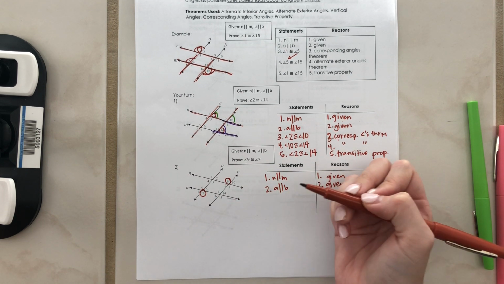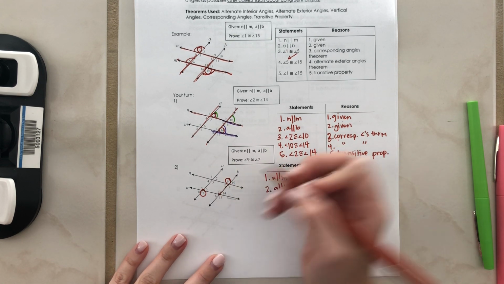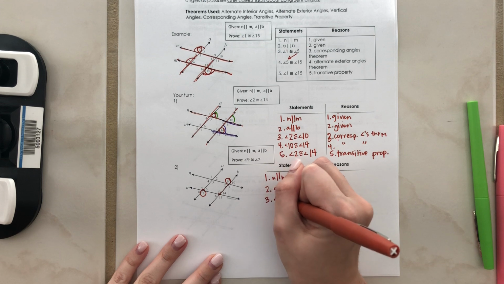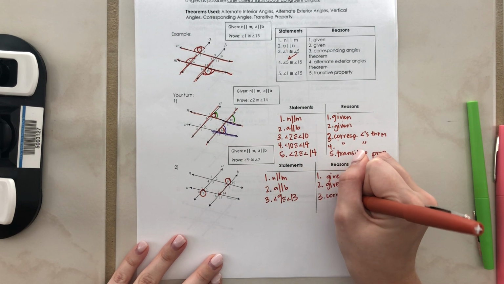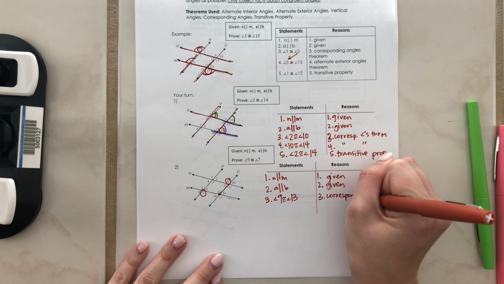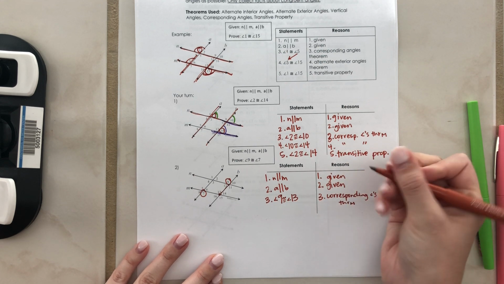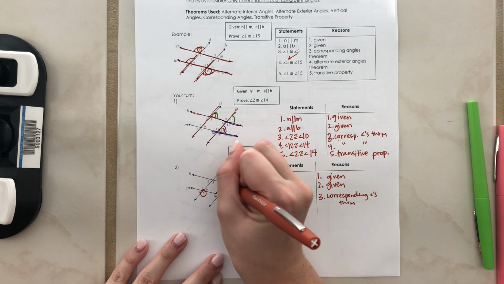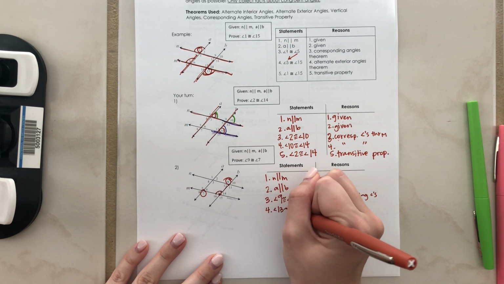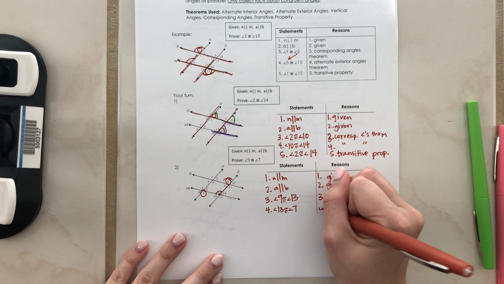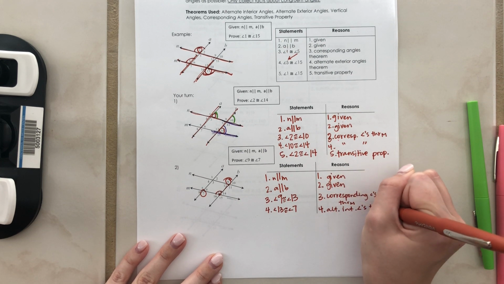So I'm gonna say 9 and 13. So I'm gonna go this way. So I'm gonna use that they're corresponding. And so I know 9 and 13 are congruent. I can say angle 13 is congruent to angle 7 because they are alternate interior angles.